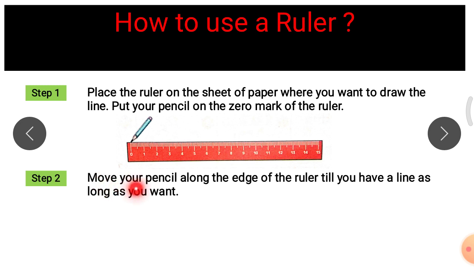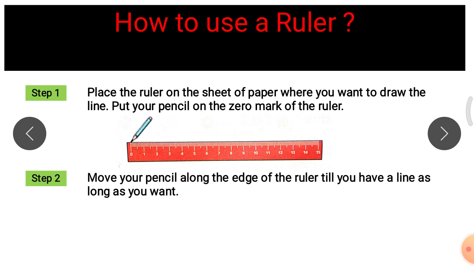You have to move your pencil along the edge of the ruler till you have a line as long as you want. As long as you want means if you want 10 centimeter, if you want 5 centimeter, if you want 14 centimeter, it's up to you.